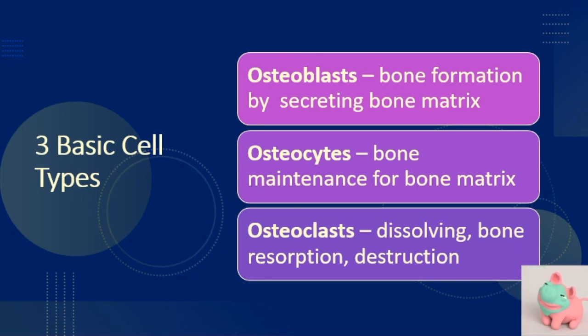And because of that, the bone is undergoing destruction. Calcium is going out of the bone, leading to increased risk for fracture. So again, osteoblast for formation, osteoclast for dissolving, bone resorption, and destruction.